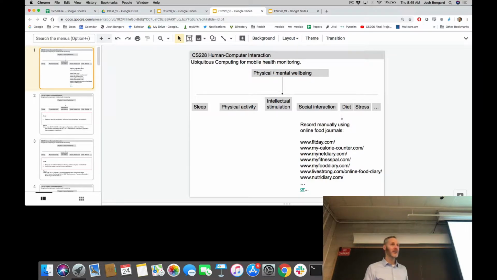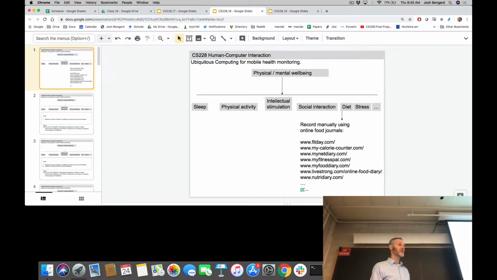Before we do, however, let's think about physical and mental well-being. You can unpack that into some obvious aspects of behavior that are probably predictive of well-being. Are you getting too little or too much sleep? Are you getting too little exercise? How about intellectual stimulation, social interaction, diet? This one is still difficult to do.